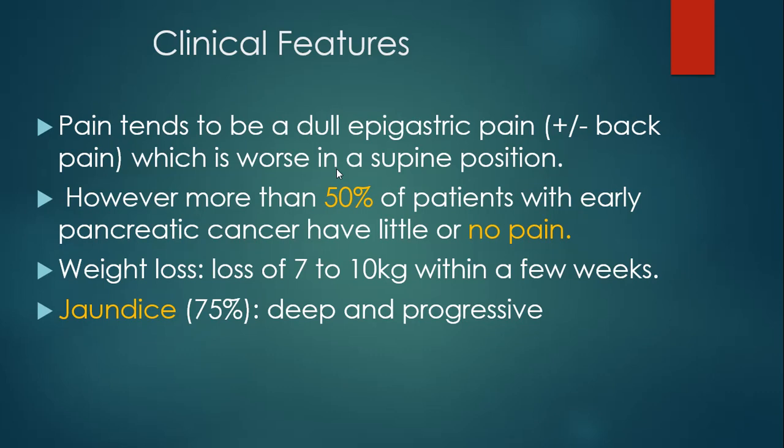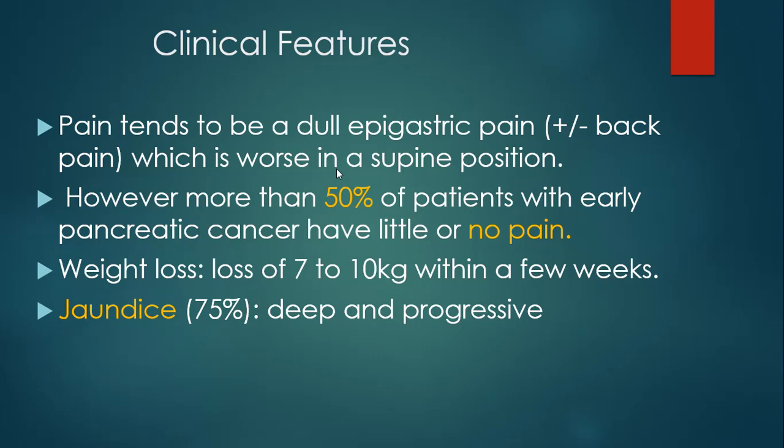More than 50% of the patients with early pancreatic cancer have almost no pain or little pain. That's why the symptoms come late, and when the cancer is diagnosed, it is already in an advanced stage, and that is one of the reasons why it kills a lot of people.